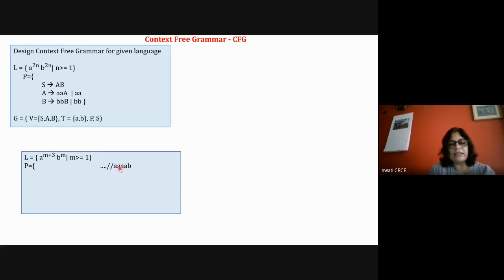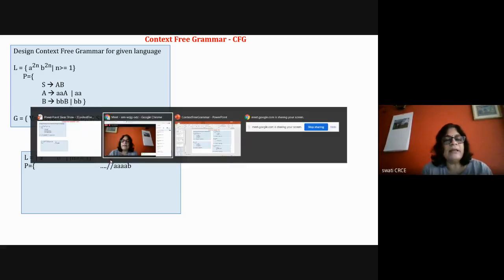Okay, means I can say 3 A's and after that AB. Or if m is equal to 2, then 3 A's are separate, then 2 A's and 2 B's. So I can split this particular problem as 3A, then A raised to M, B raised to M.